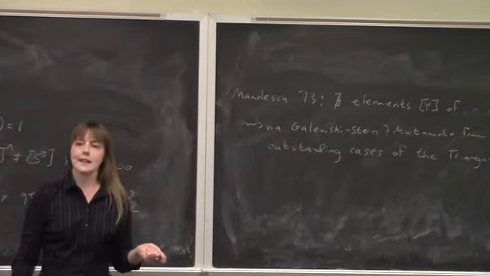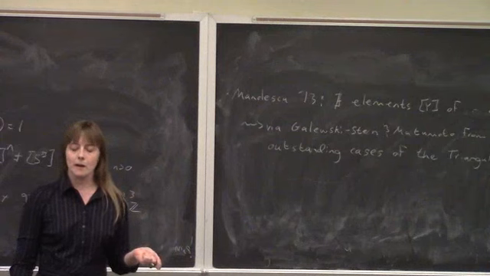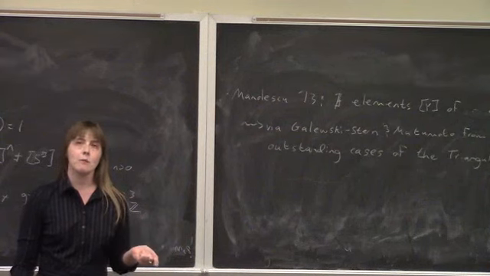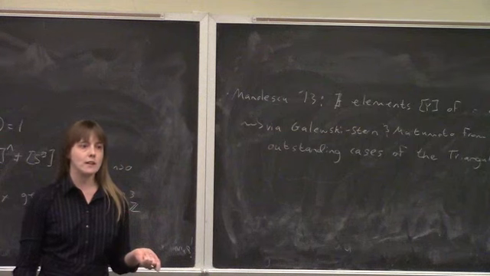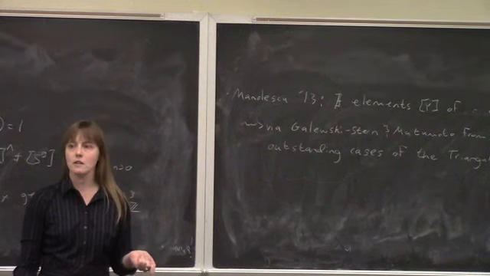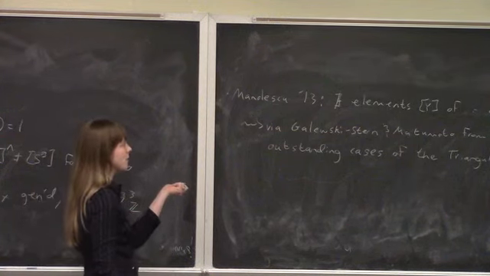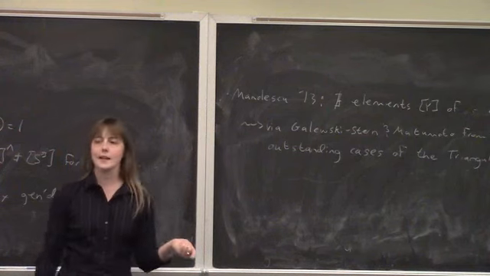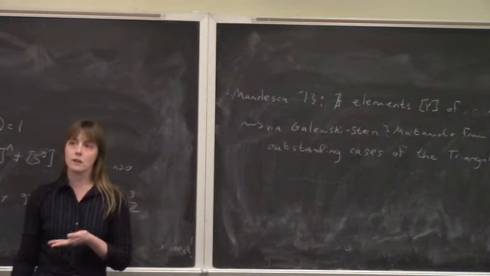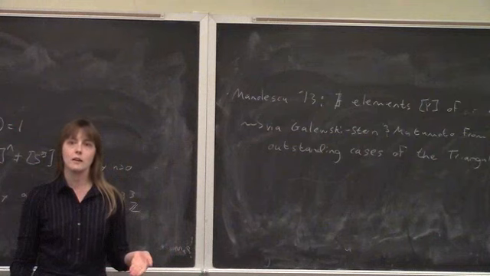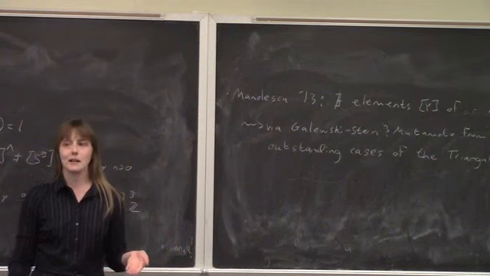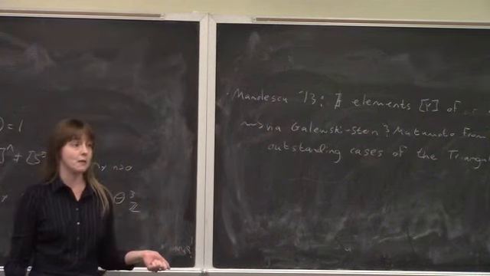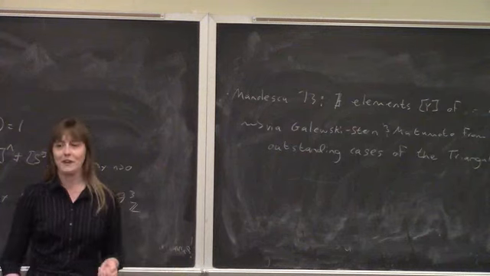People usually at this point when I talk about this say something like, wait, what does dimension greater than or equal to 5 have to do with dimension 3? And the answer to that question is the obstruction that Galewski, Stern, and Matumoto were looking at in principle exists in every dimension, but it's only possibly non-trivial in dimension 3, and that's because 4-dimensional manifolds, the cobordisms we're considering, are so difficult.